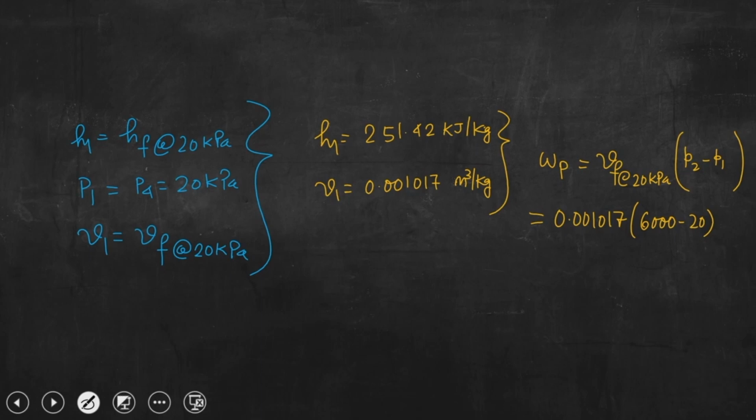If you calculate it, you will get 6.08 kilojoule per kg. So, this is basically the amount of work added to the pump.